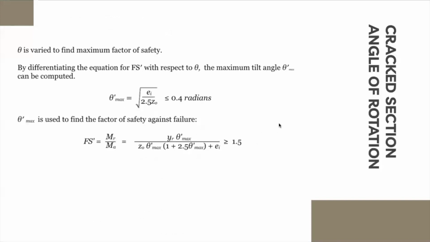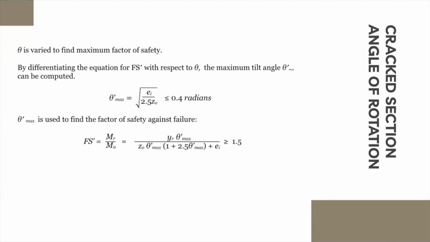Next, we'll talk about the cracked section angle of rotation, also having to do with the factor of safety against failure. So first of all, theta is varied to find the maximum factor of safety. By differentiating the equation for the factor of safety against failure with respect to theta, the maximum tilt angle can be computed.